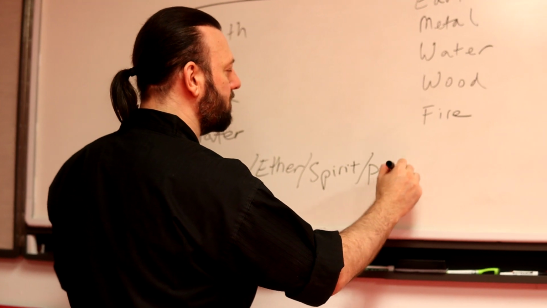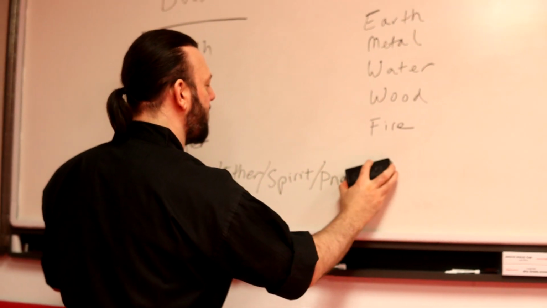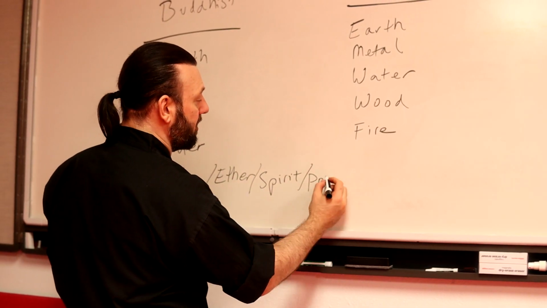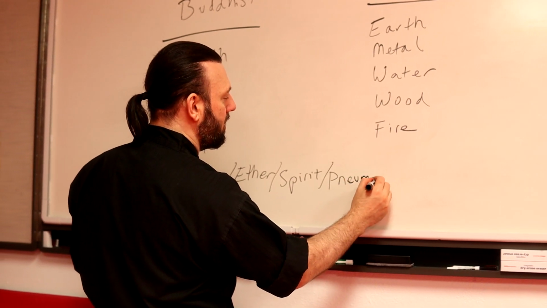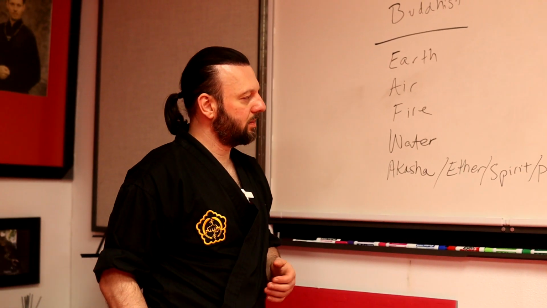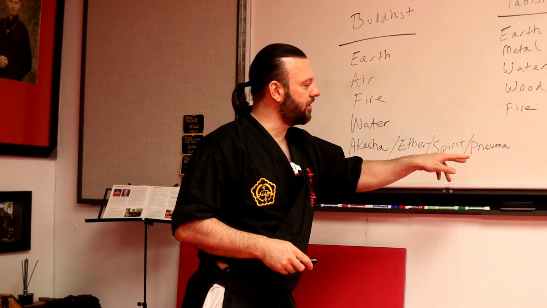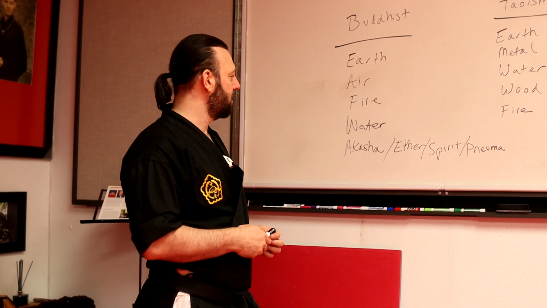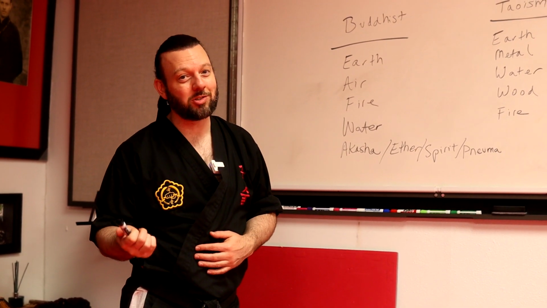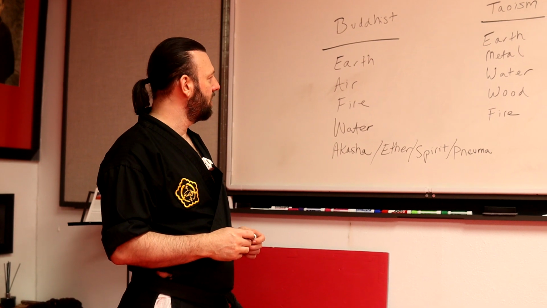Pneuma also means breath, which spirit also means. Spirit comes from the same word as respirate. So these latter two words have to do with breathing and air, same as chi does. Chi also has to do with air or gas.